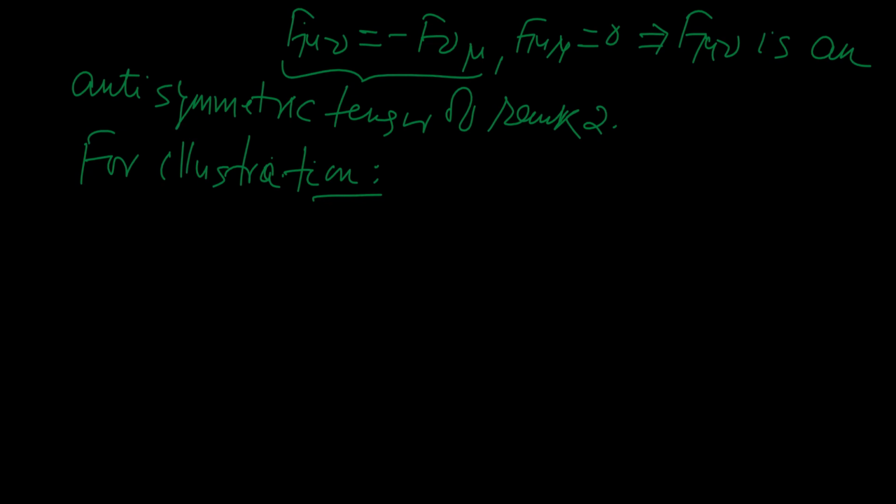In equations 4 and 5, we have defined F mu nu in matrix form and in a particular equation. Taking these two equations, we will show how these two equations represent the equations defined in equations 2 and 3. So let us take example number 1.